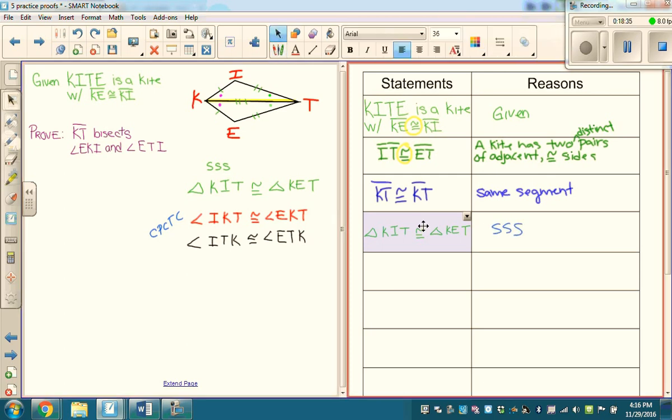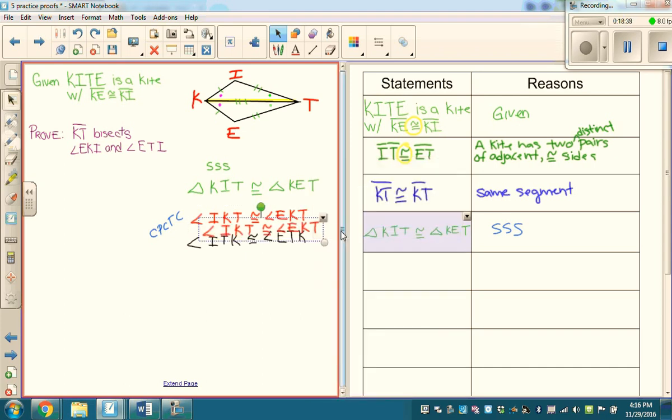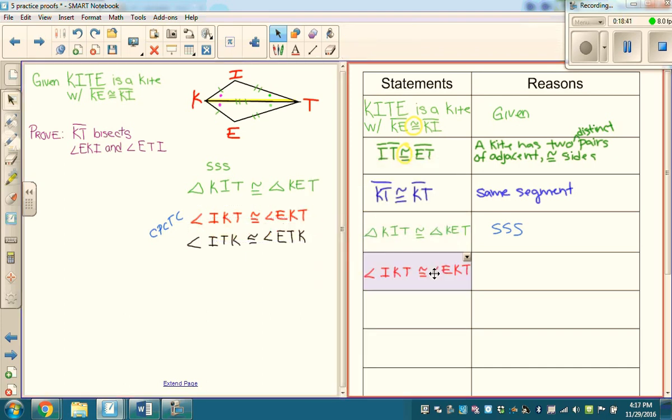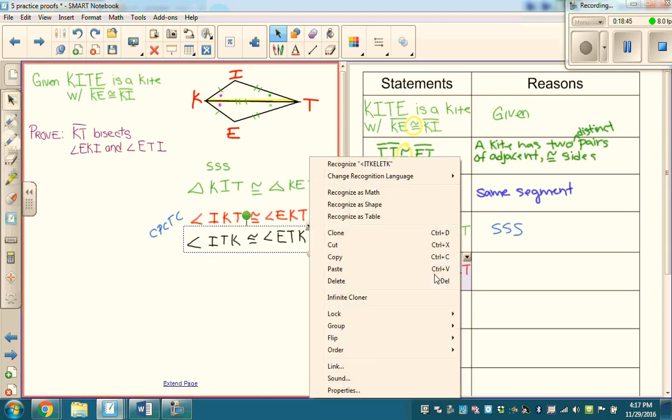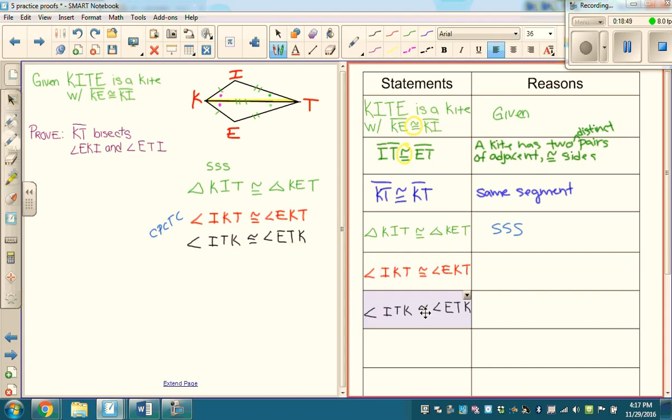And so, since I have congruent triangles, I know I have this, and I have this, because we talked about congruent triangles give me corresponding parts that are congruent.